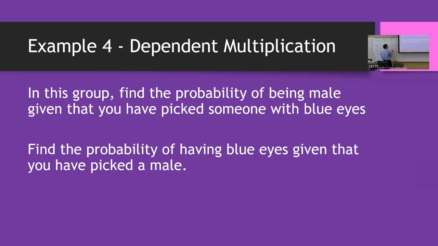And then what's the probability of having blue eyes given that you've picked a male? So what's the probability of male given blue eyes? What's the probability of having blue eyes given that you're male?